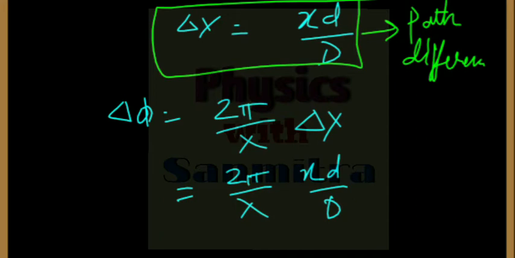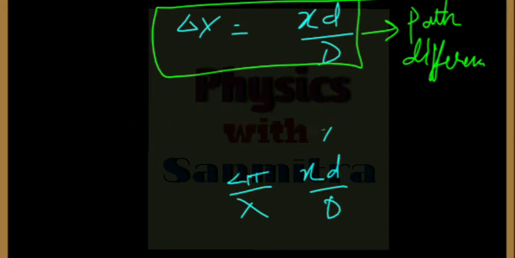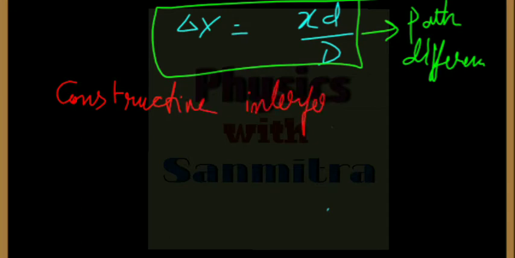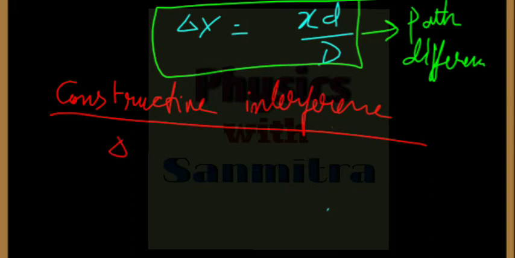Suppose we want to find out the condition for constructive interference. For constructive interference, we have already derived that del x should be equal to 2n into lambda by 2, that is even multiples of lambda by 2, half wavelength.